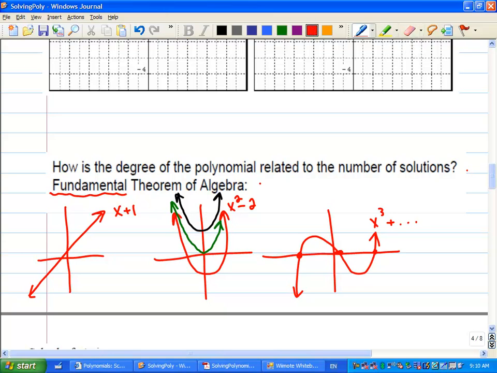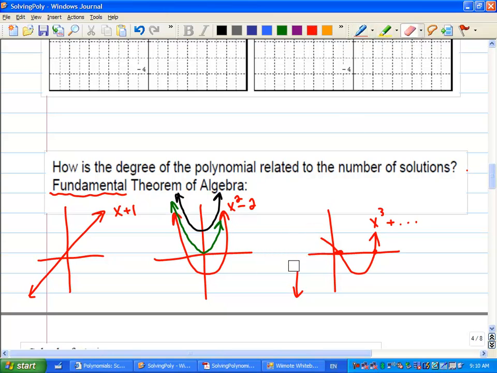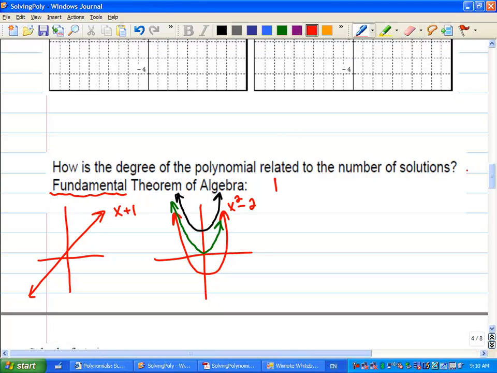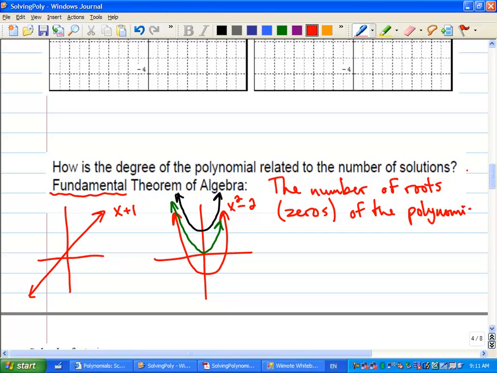So what we can say here is, I'm going to need to make a little bit of space, so I have to erase this graph. What we can say is that the maximum number of roots, also known as zeros, of the polynomial must be less than or equal to the degree of the largest term.